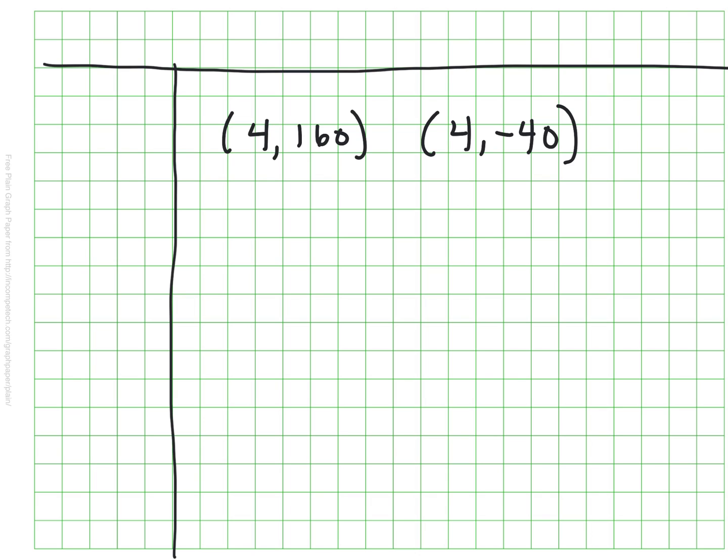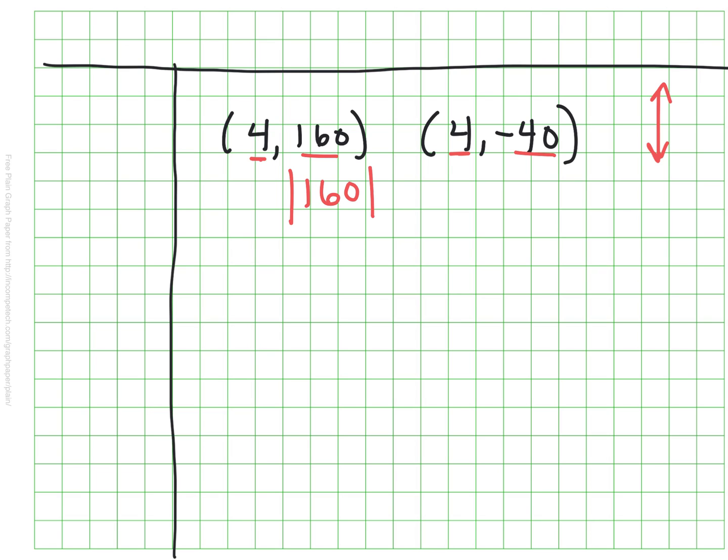I can see that they are both having an x value of 4, but the y values are different. So I know first of all that this is a vertical line. I also see that my y values, one is positive and one is negative, so I know this is in different quadrants. Right? As such, I can say, oh, I know this, let's say the absolute value of 160 is 160.